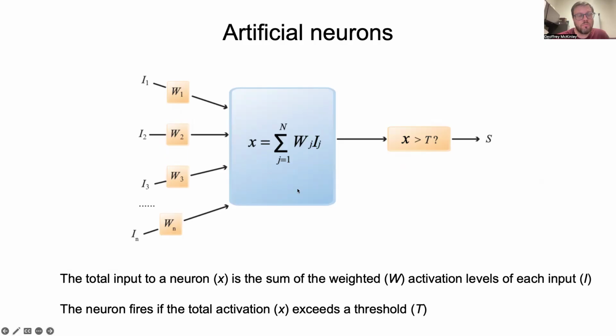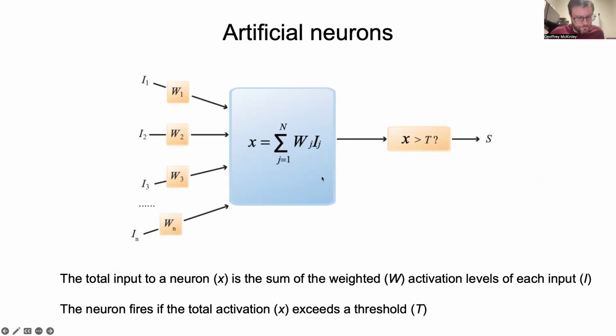And the question rests on two things: the total input to neuron X, the amount of activation it receives from other neurons, as well as whether that activation is greater than a threshold.